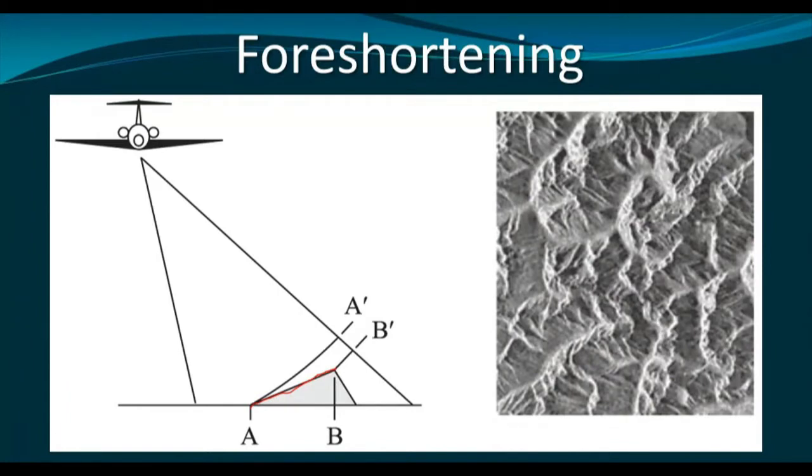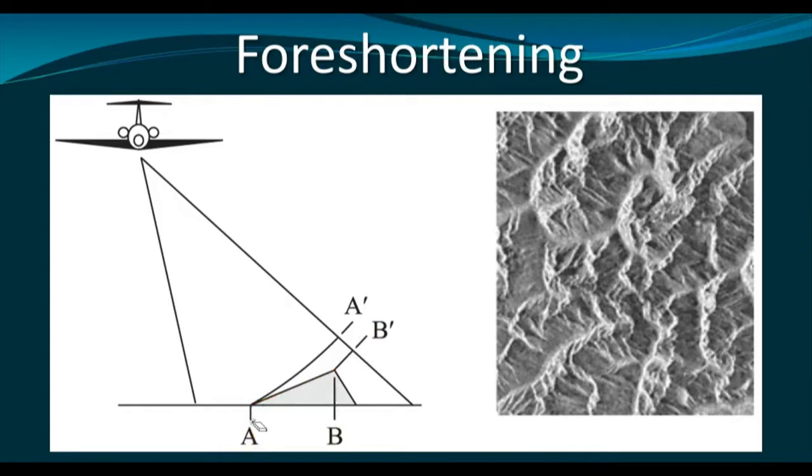And as you can see, if we look from the zenith downward, in case of optical remote sensing, the distance would be like this from A to B. But in case of radar image, since the image is formed in the slant range plane, the distance will be shortened like this. And this is a major problem in radar imagery.